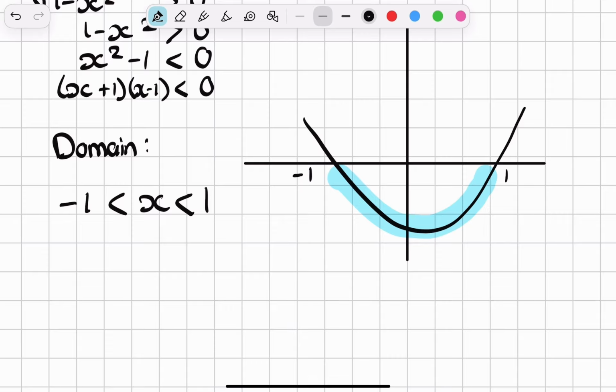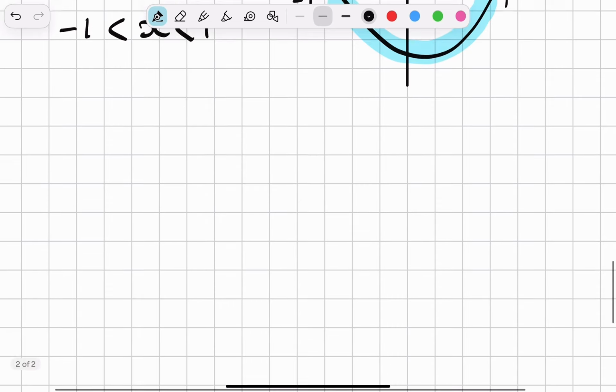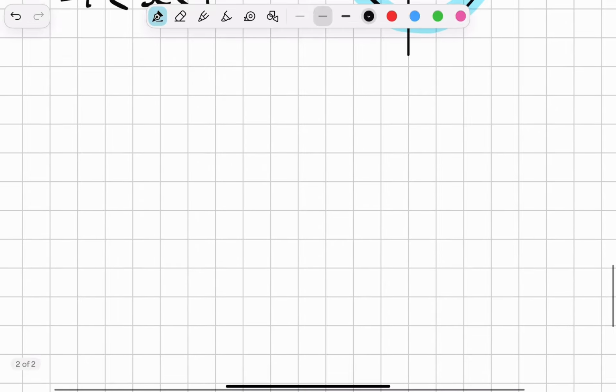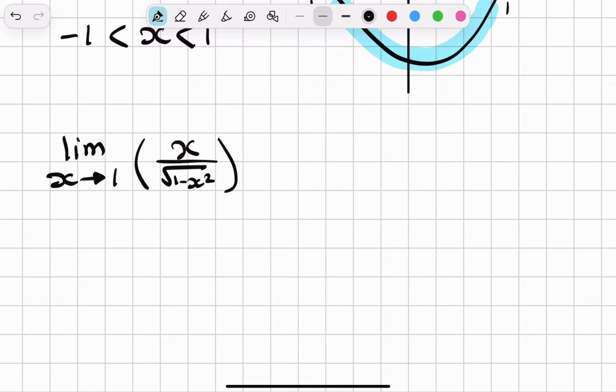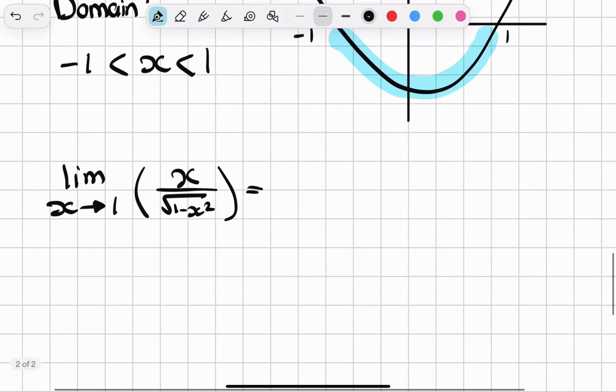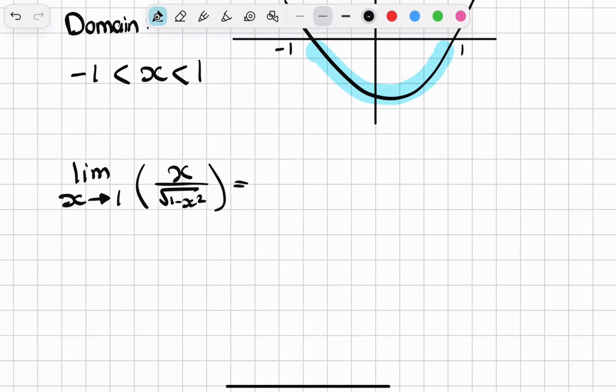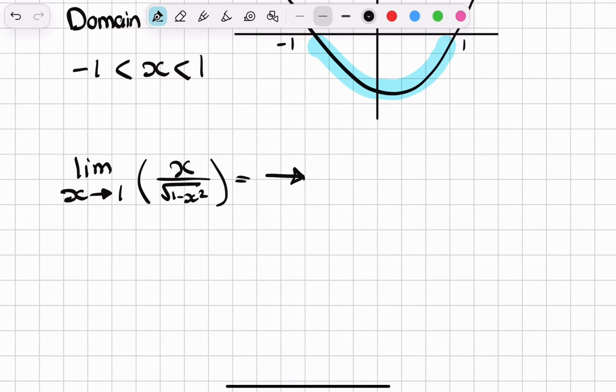Now the next thing to consider here is our range. So we know as we take the limit, x goes to 1, well, if we have 1 over a really small number, which is close to 0, then we just tend towards infinity.